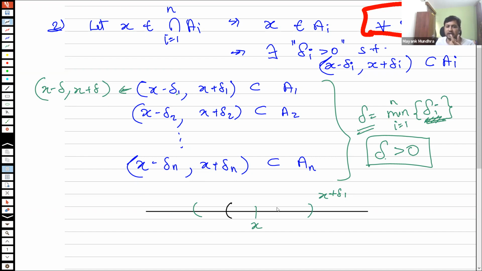And this is my X plus delta, because delta is smaller than all the delta values. If delta 1 were the smallest, then in that case it's going to be here. But in no case is it going to be further away than delta 1. And that is going to be true for each of these. So that's what I can write, that (X minus delta, X plus delta) is also a subset of this thing, and so on.